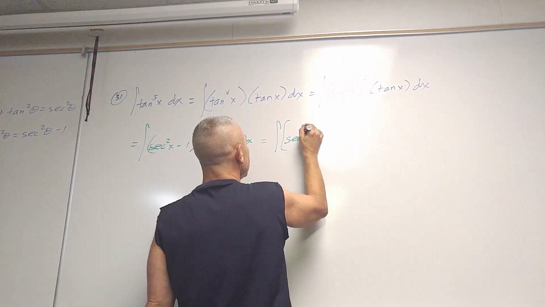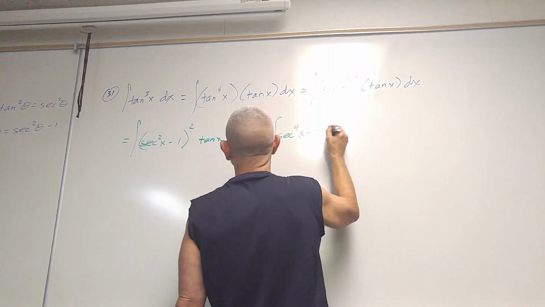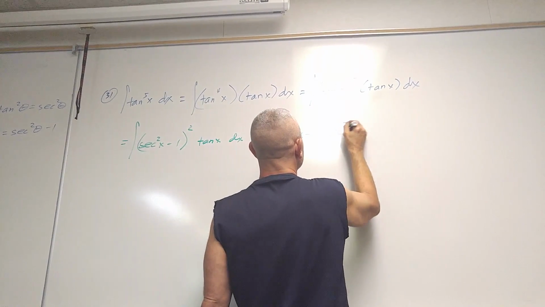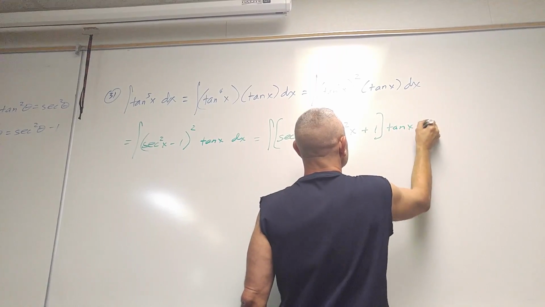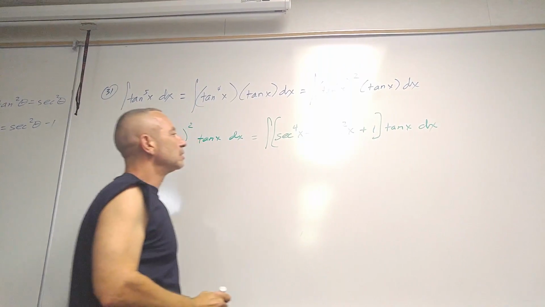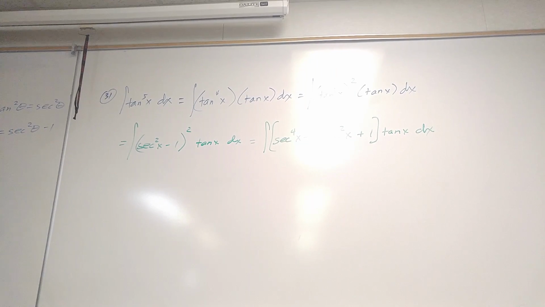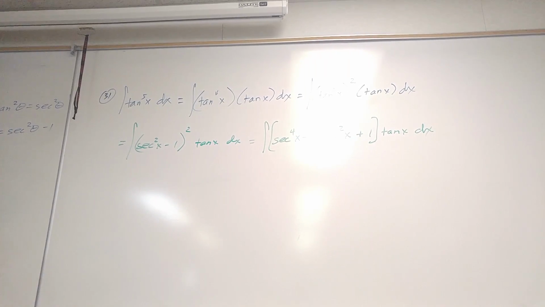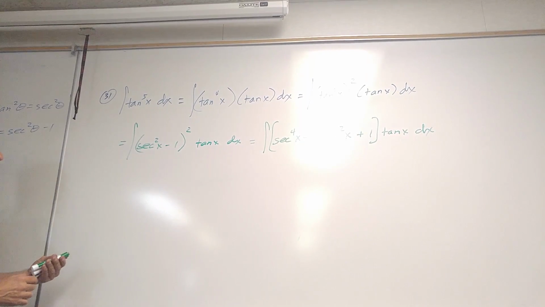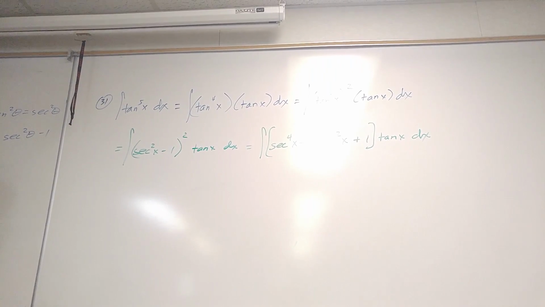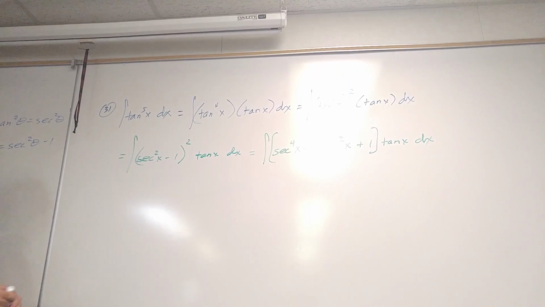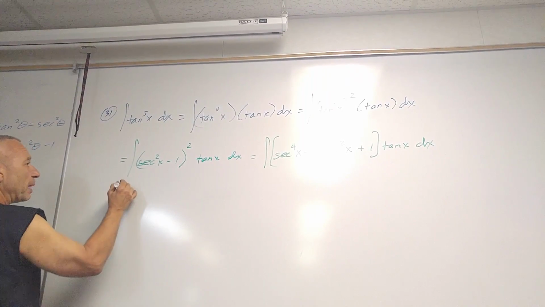So you get integral of secant to the fourth x minus 2 secant squared x plus 1, times tan x dx. Let's see if that did any good. How am I going to tell? Secant's going to be your u. What's that? You just distribute tangent. So keep on expanding.